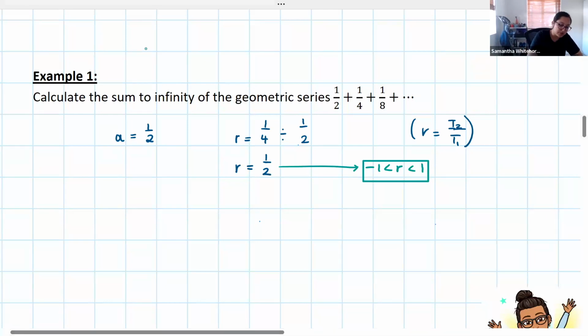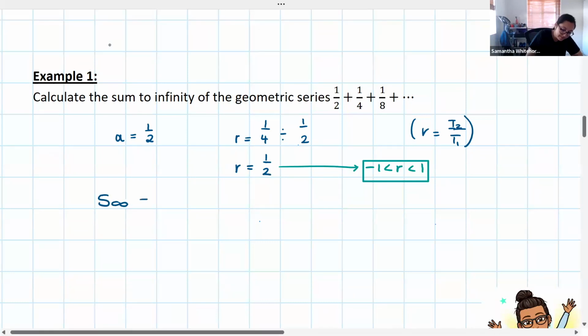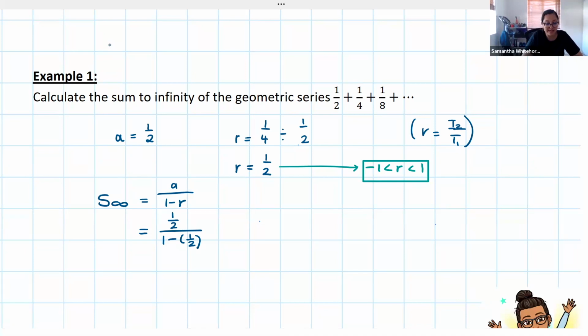Because it's a converging series, I can use my sum to infinity formula, which is nice and easy, a over 1 minus r. So my a value, as I've already said, is a half. 1 minus my r value, which is a half. And guys, whilst you don't have to, whenever I substitute in, I use brackets, because if this had been a negative a half, what we would end up with in our denominator would be 1 minus negative a half.